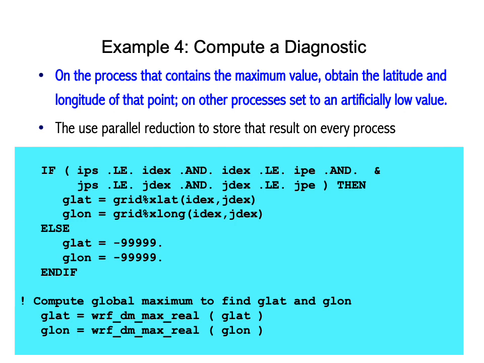So then that allows us to make our second call. Every single MPI process passes back to the master node this GLAT and GLON value, and we ask for the maximum. The latitude is either going to be somewhere between minus 90 and plus 90. The longitude is going to be somewhere between minus 180 and positive 180.